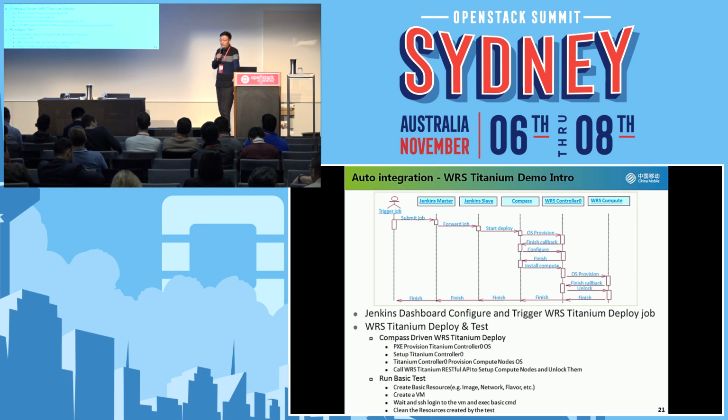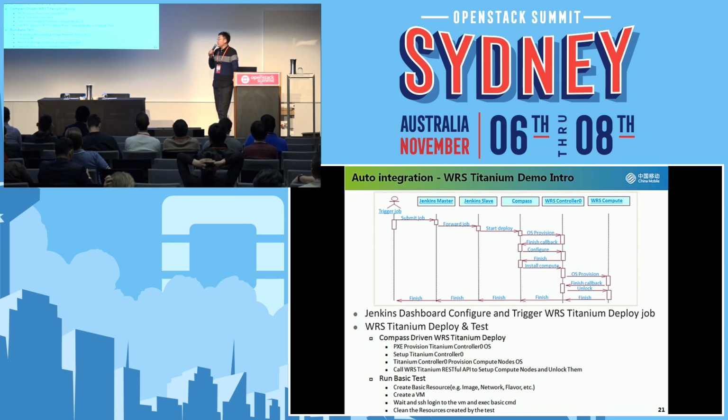And in the deploy and test, Compass drives Wind River Titanium to deploy, including PXE provisioning the Titanium Controller 0 operating system, and setting up Titanium Controller 0, and Titanium Controller 0 provisioning the compute nodes' operating system, and calling the Wind River Titanium RESTful API to set up compute nodes and unlock them.